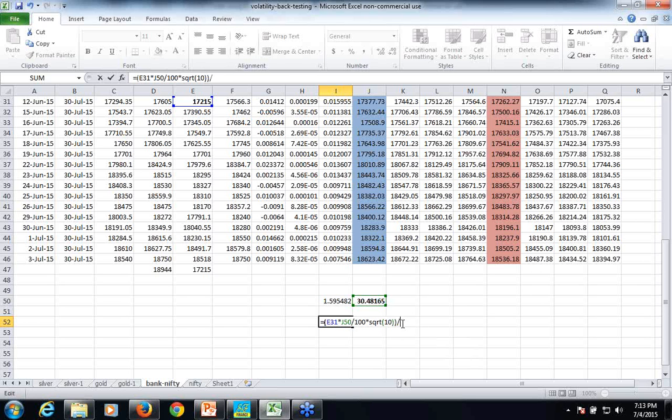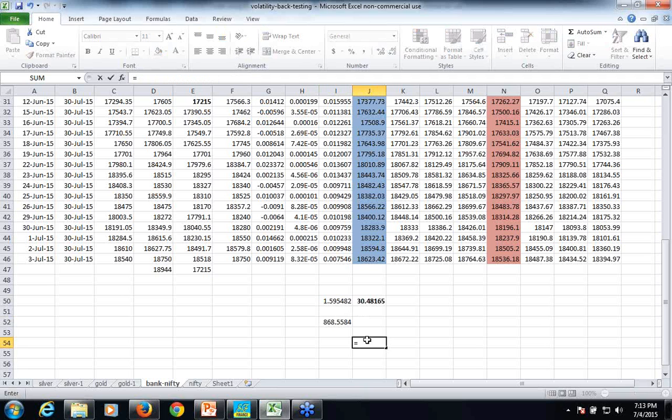Once I did it, based on this volatility parameter, it has a chance to move by 868 points in the coming 10 days.